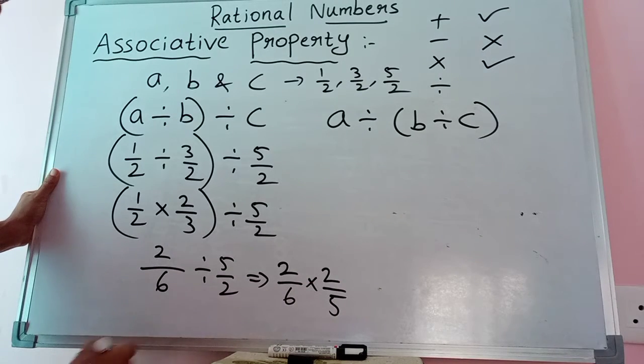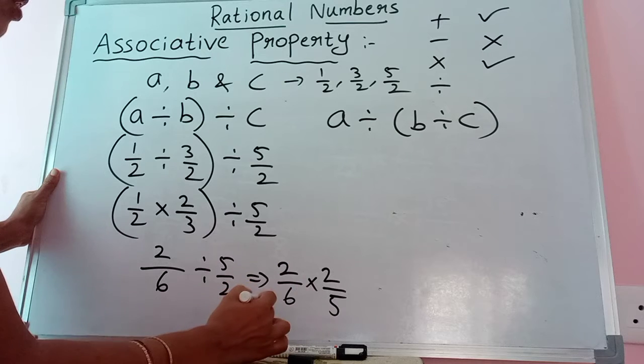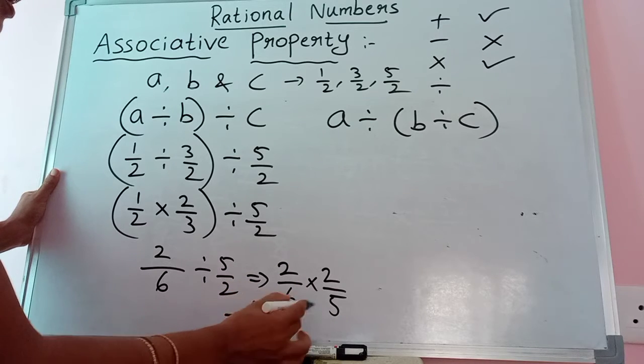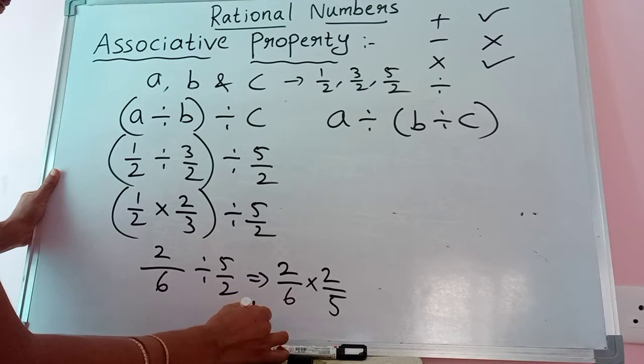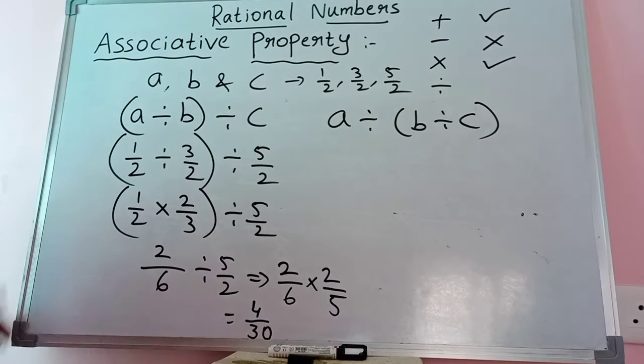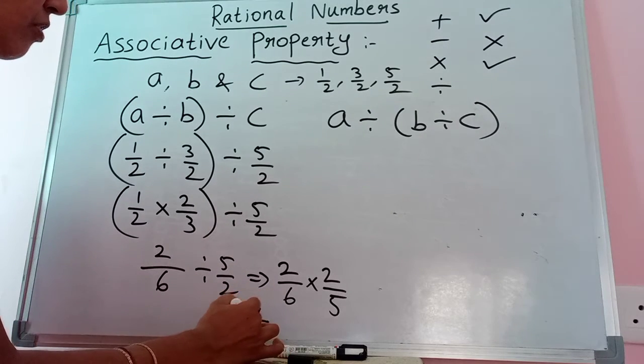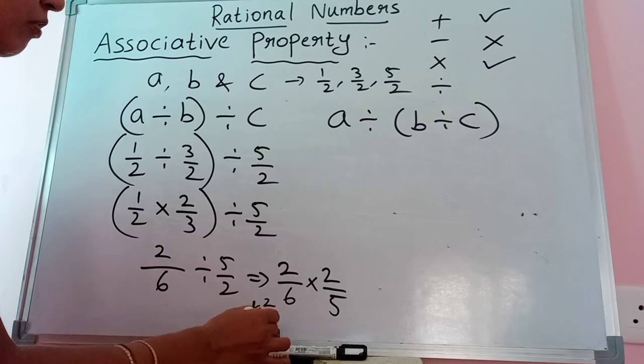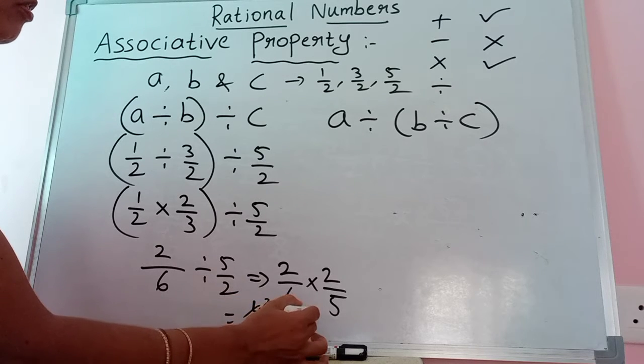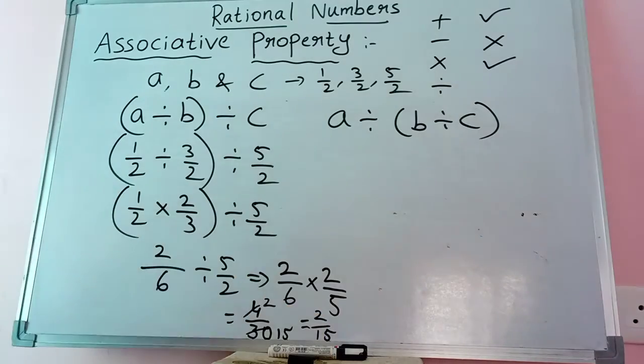Multiplying these two, 2 twos are 4, 6 fives are 30, so 4 by 30. Cancelling with the 2 table, we get 2 by 15. The simplified form is 2 by 15. Left hand side value is 2 by 15.